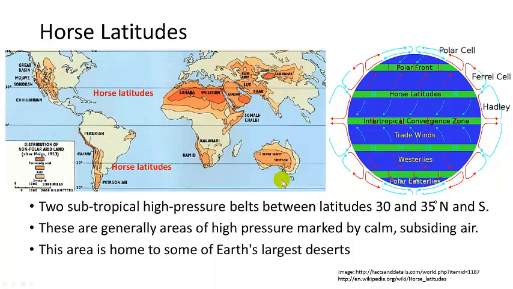One can see that very clearly: the horse latitudes are strongly associated with the Sahara desert system and with a number of the desert systems in South America and North America, and the Australian continent is strongly influenced by this descending air associated with the strong Hadley cell formed in the tropics. Even in South Africa, we have a tendency towards very strong drying effects, and that's true in Asia as well.